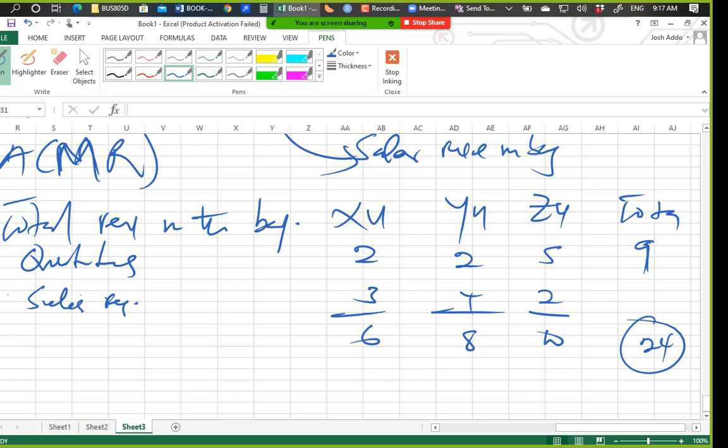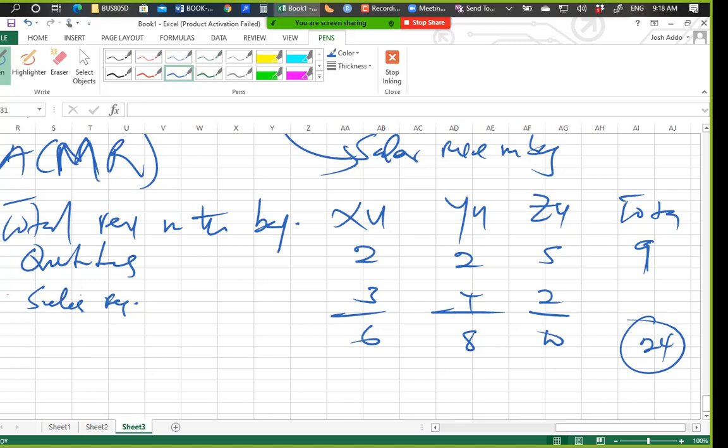Then if you divide it by the sales revenue in the bag, the sales revenue for all the product combined in the bag, that gives you the weighted average contribution to sales ratio. So that's what is making us calculate this. You could have used the gross figures, 2,000, 2,000, 5,000, 9,000. But the smaller figures are preferable.